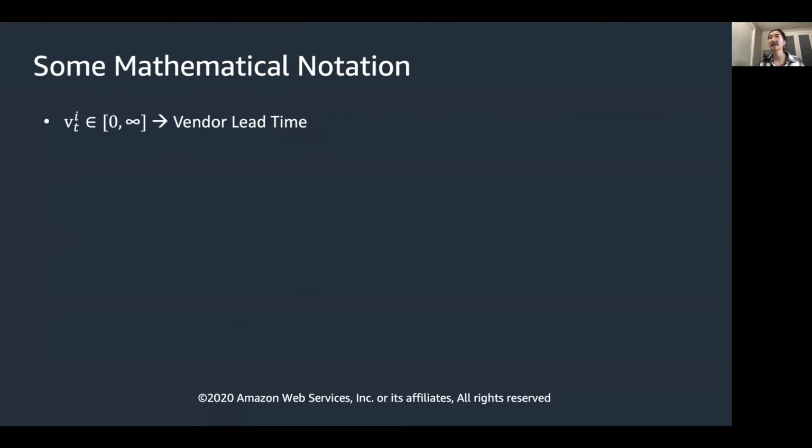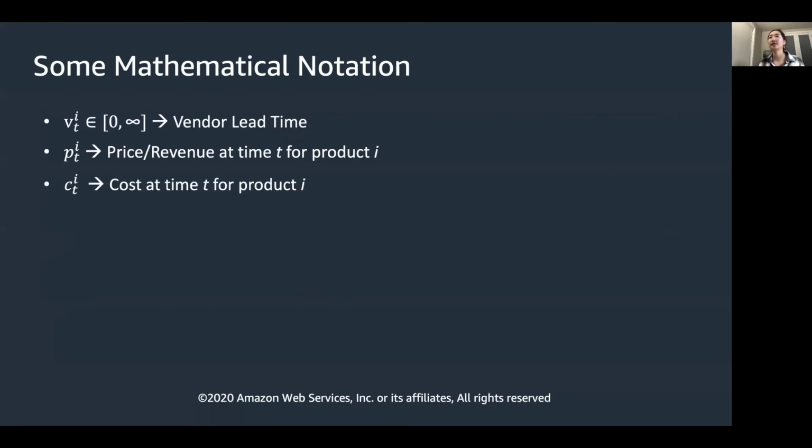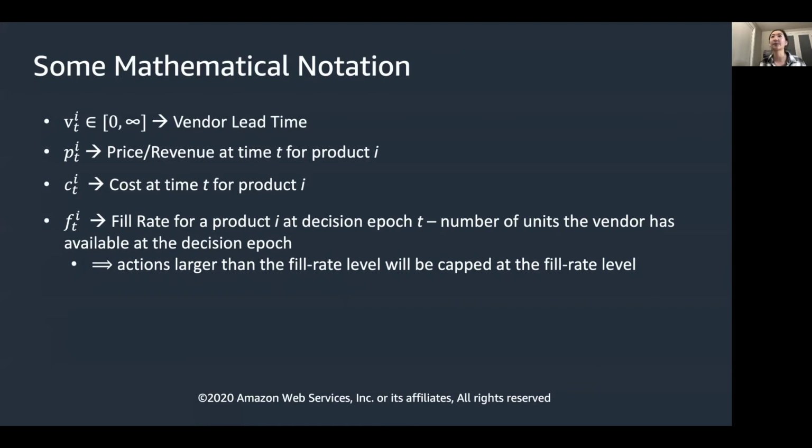We have the vendor lead times denoting the time you would need to wait for the product to arrive to the retailer. Therefore, it's a non-negative value. We have the price/revenue at time t for product i once you sell that product to the customer. We also have this cost term C_t^i denoting the cost at each time t for product i.